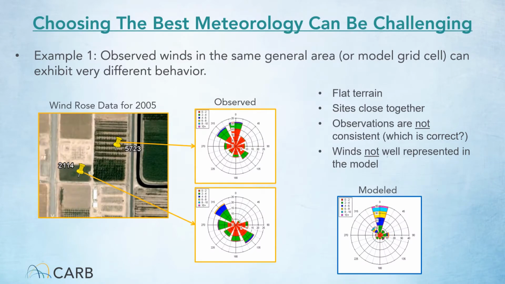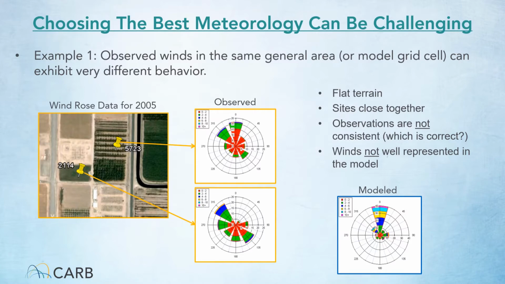For example, in this figure on the left, we are showing a piece of the grid cell that we use in the model, and there are two stations that are close to each other, and the terrain is flat. If you look at the observed data collected at station 5723 and 2114, they look quite different.